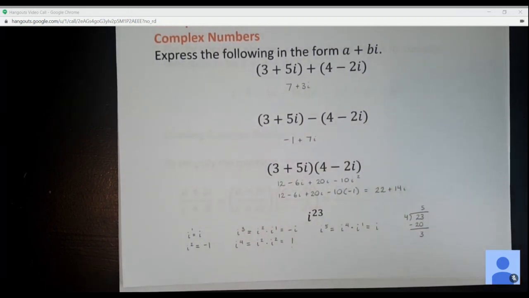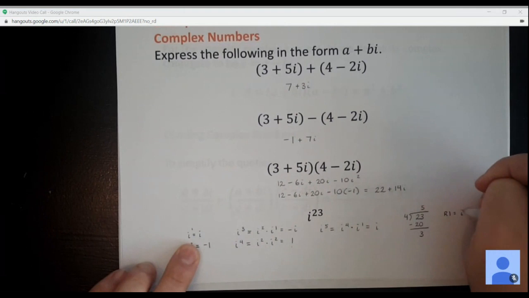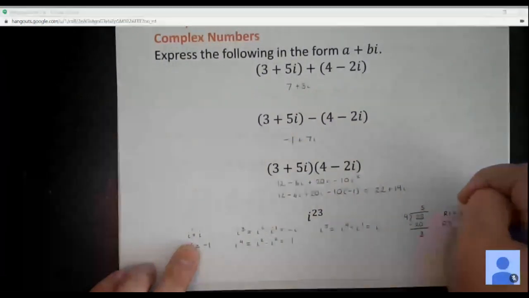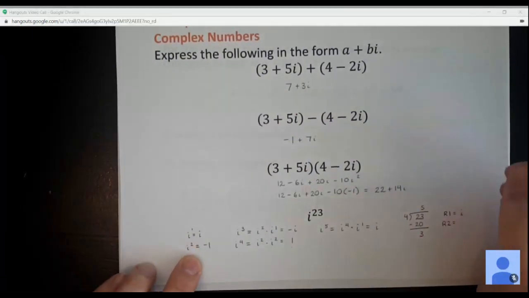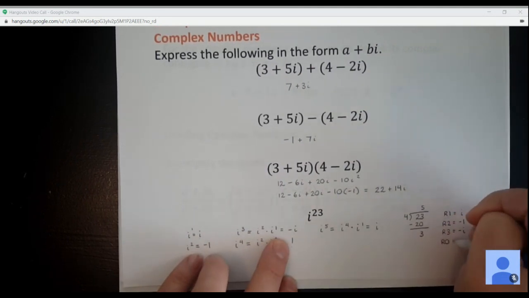In this case, the pattern is this. If we have a remainder of 1, then we're going to have i. If we have a remainder of 2, it should be -1. A remainder of 3 should give us -i. And then a remainder of 0.